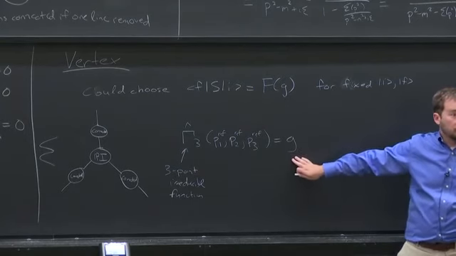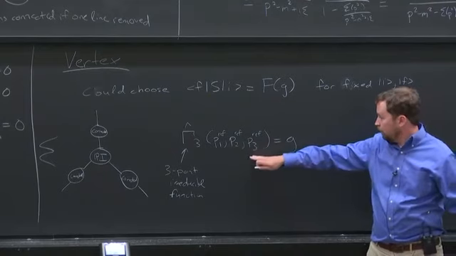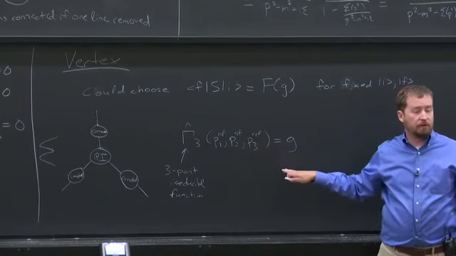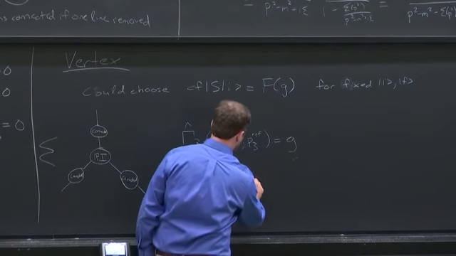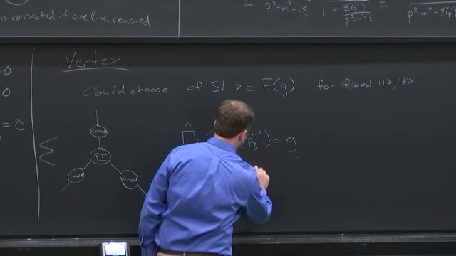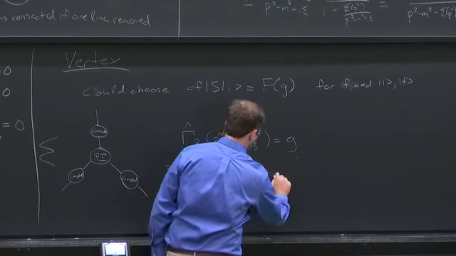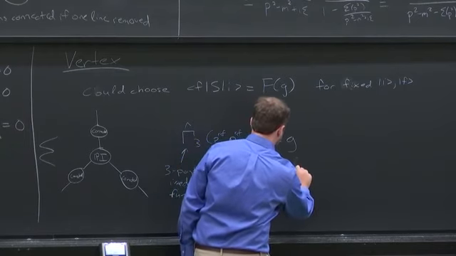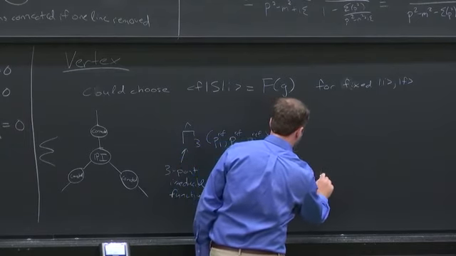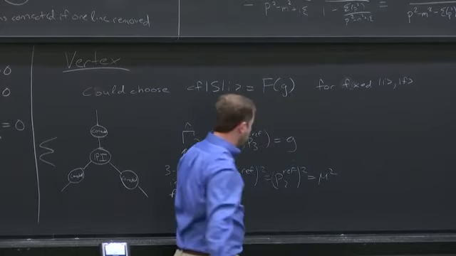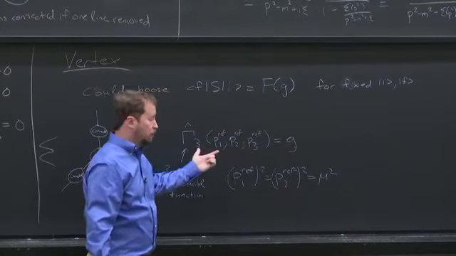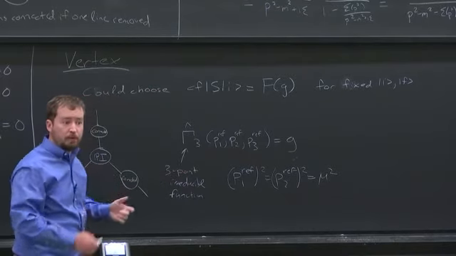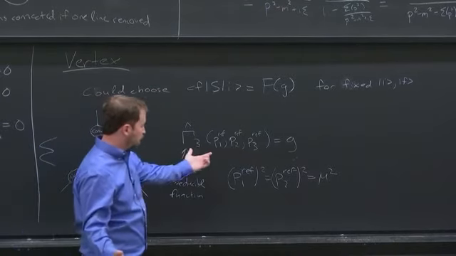Just like you saw in tutorial, there are many equivalent ways to define a theory. So we could define the reference momenta to be such that p1 ref squared equals p2 ref squared equals mu squared. We define the coupling constant to be related to some observable, or something we could use to build observables, at a reference energy.